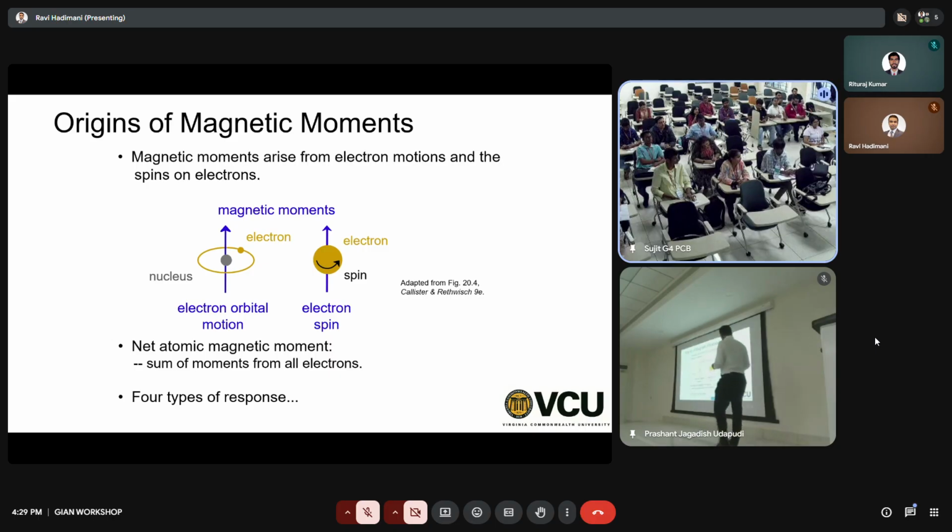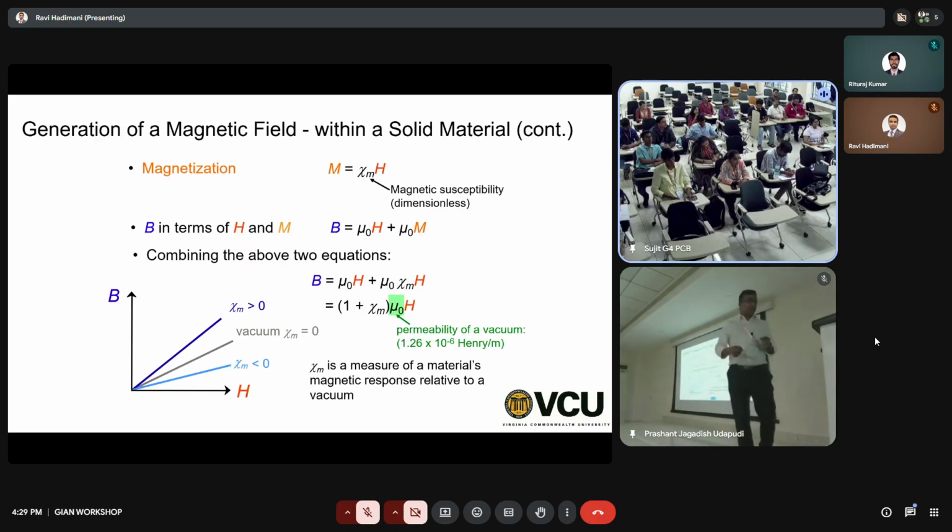Okay. Actually, I wish I had a board. So this is not a good picture. I think I have another slide later when I'm talking about different types of materials. It's better to not look at chi, it's better to look at permeability. Sorry, I was saying that chi is less than 0.